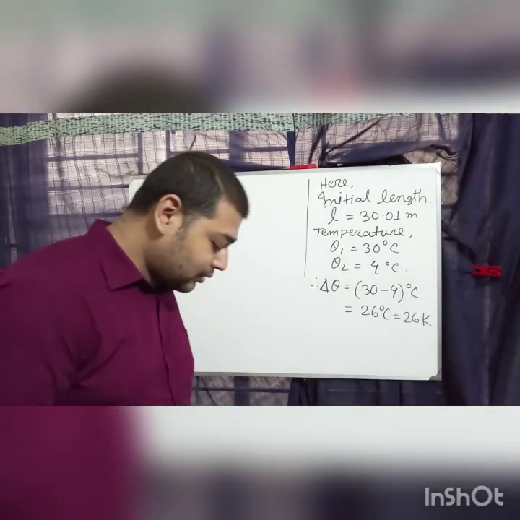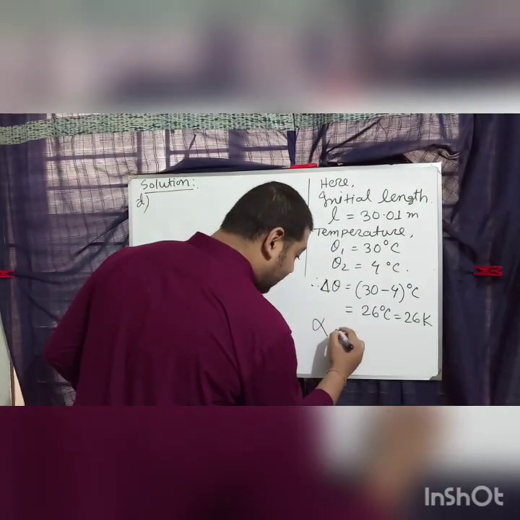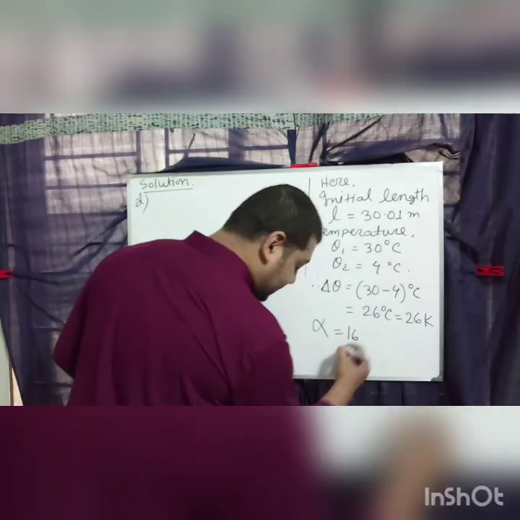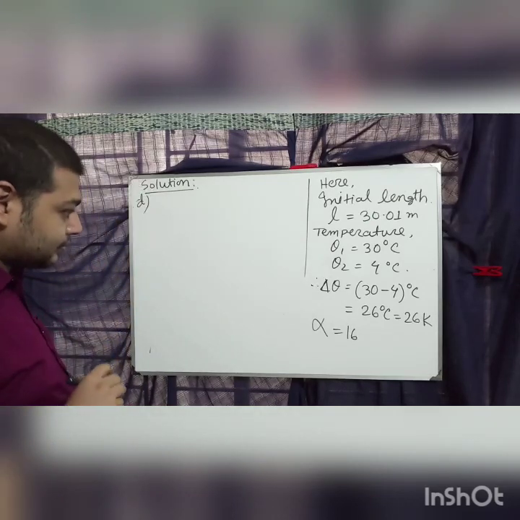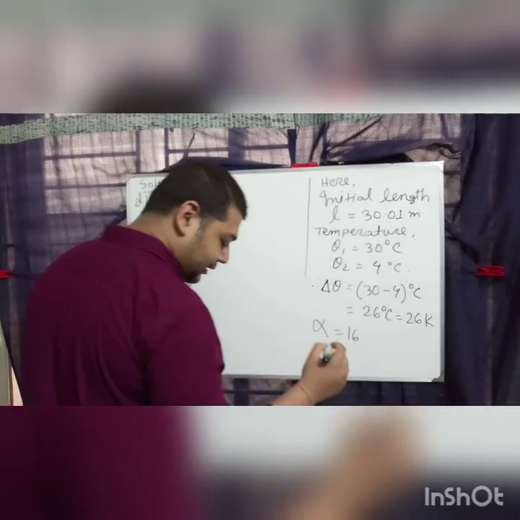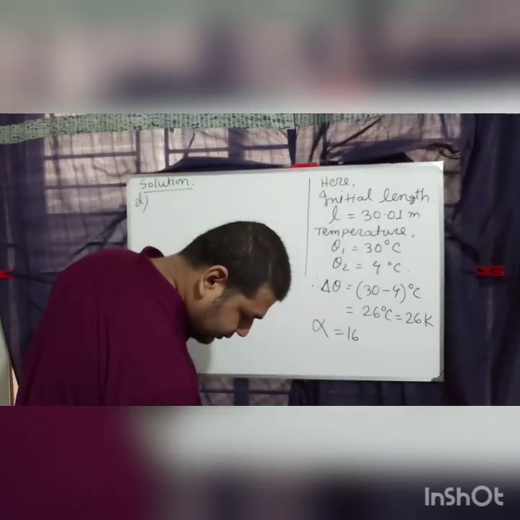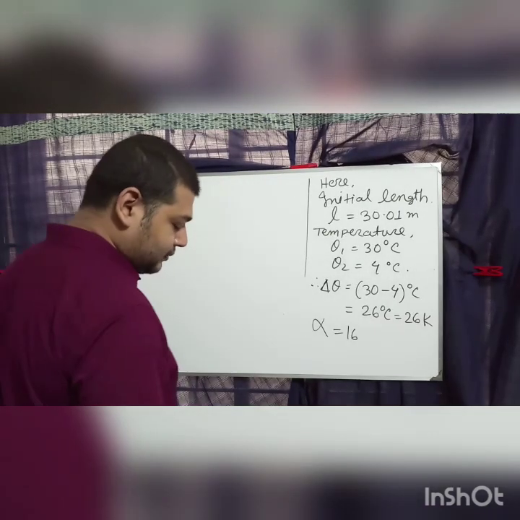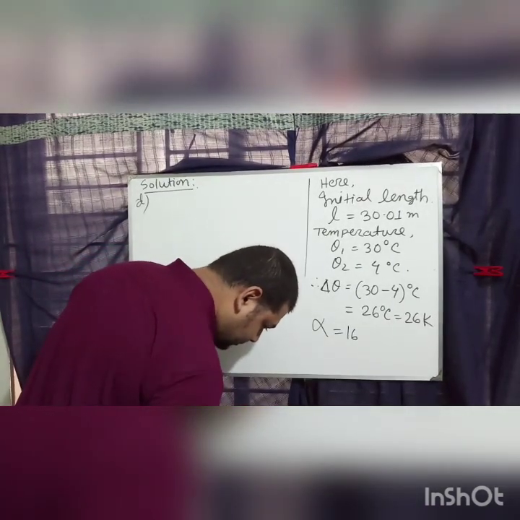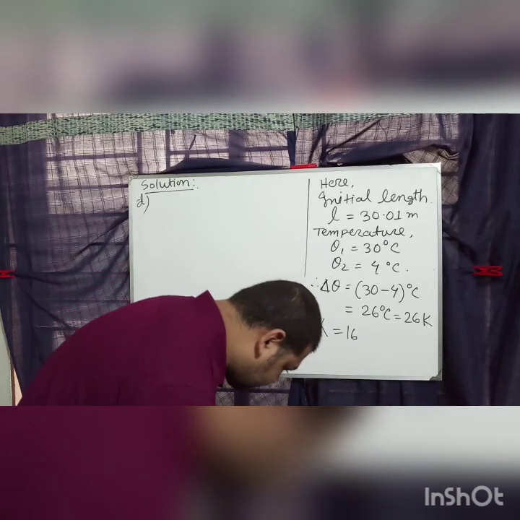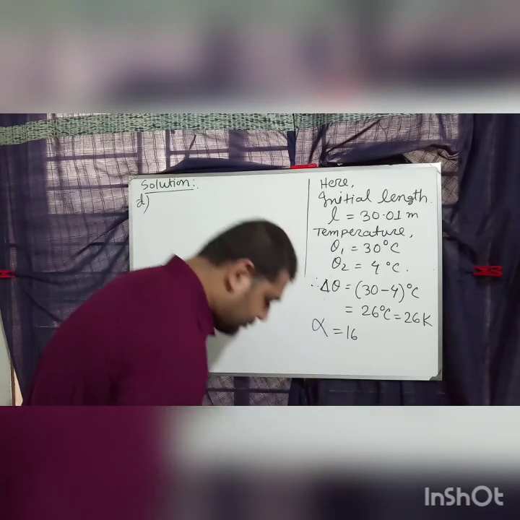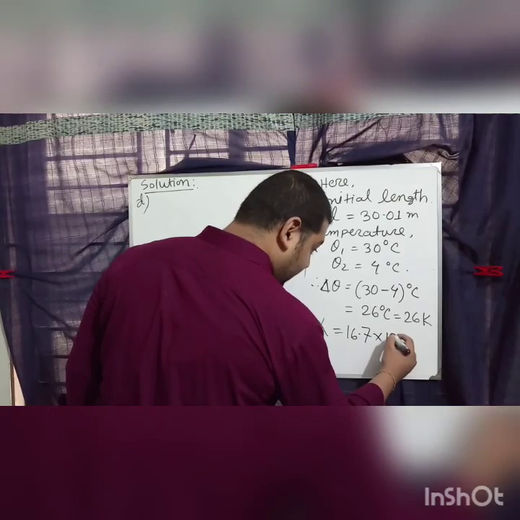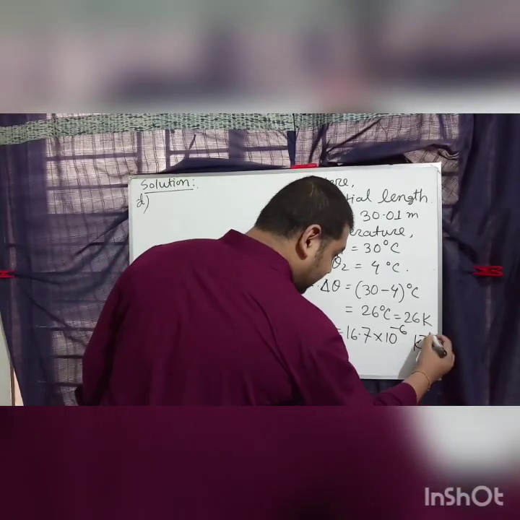We are given that alpha, the linear expansion coefficient of copper, is 16.7 into 10 to the power minus 6 per Kelvin.